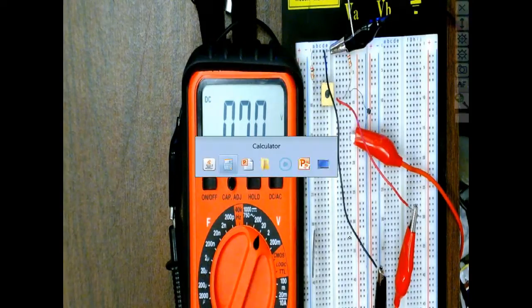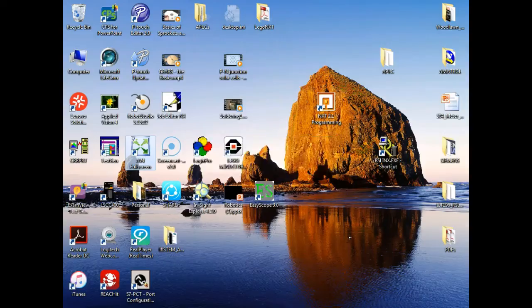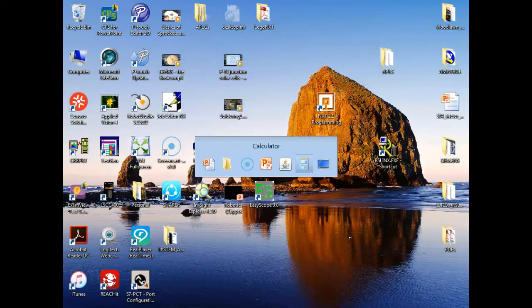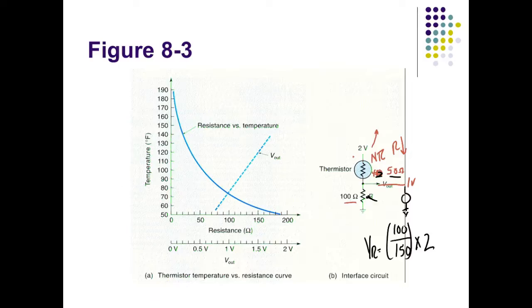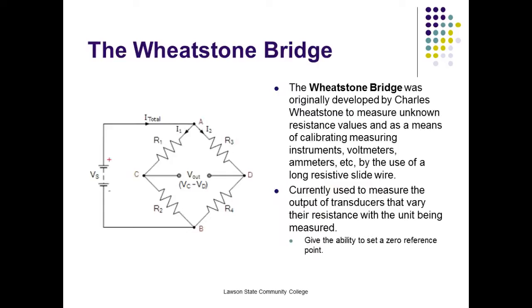So to be able to do this electrically, we use a circuit, and hopefully y'all looked at this a little bit when you were in DC. We refer to this as the Wheatstone Bridge, because it was originally developed by Charles Wheatstone, and he did this as a method of measuring and calibrating equipment.